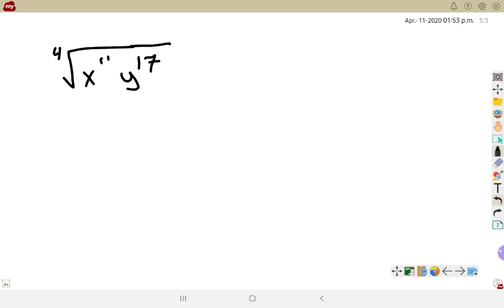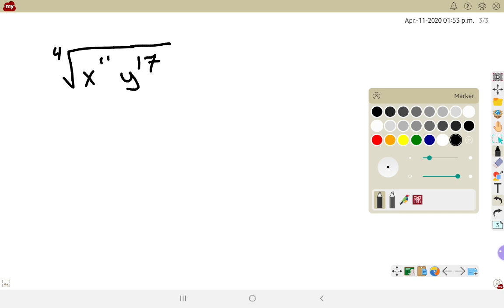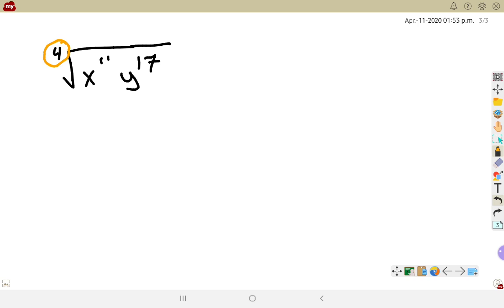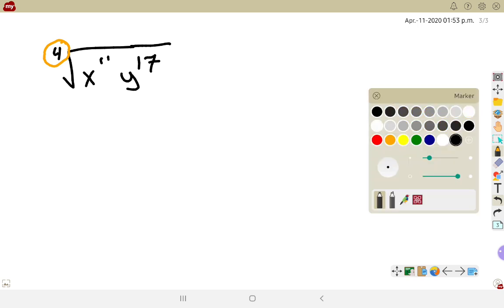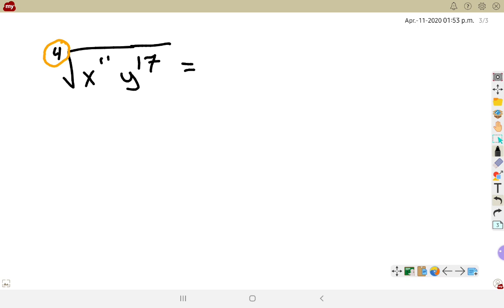With this one, I need to make sure that I'm pulling out perfect fourths, and the way I'll know it's a perfect fourth is if the exponent is divisible by 4. So x with an exponent of 11, 11 is not divisible by 4, so the closest multiple of 4 would be x exponent 8, and then I would still need to be multiplying by an x exponent 3, so that in total I still have that exponent of 11.